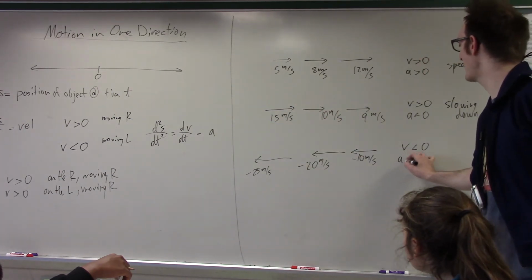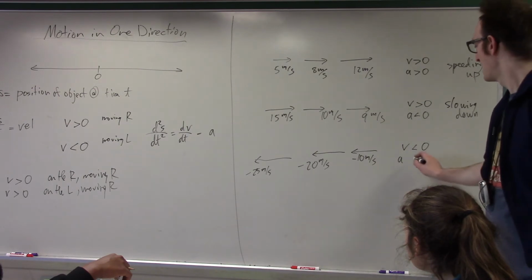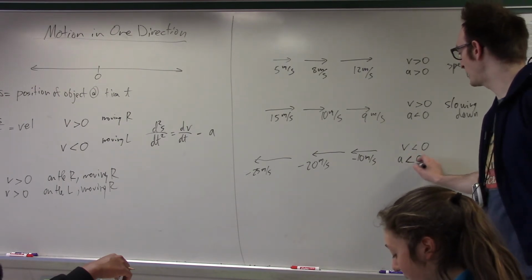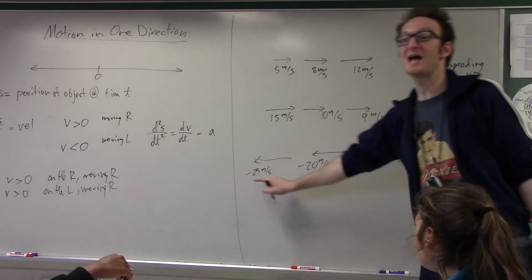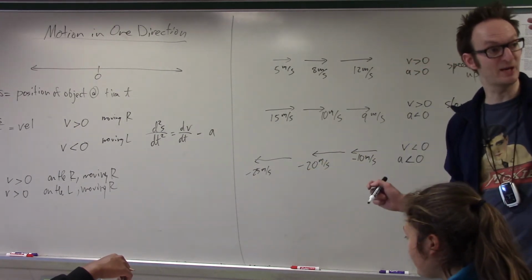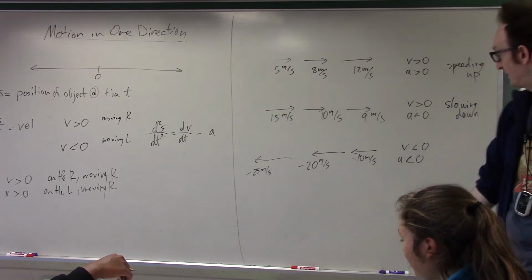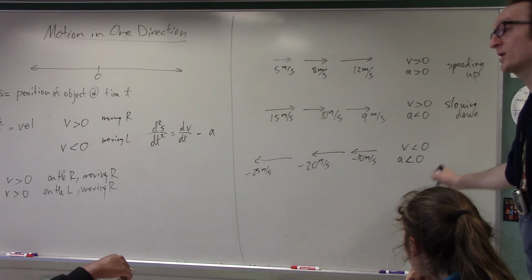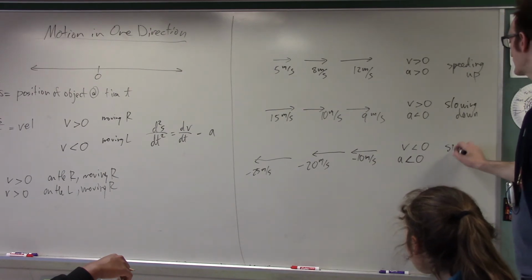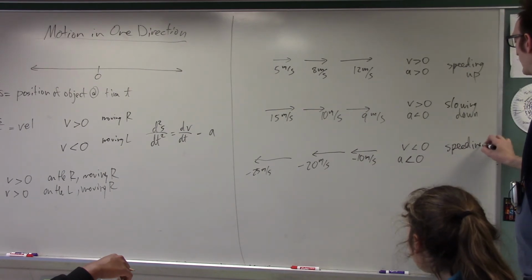But what's happening with my acceleration? Negative. Good, because velocity is a number, and that number is going down, in the sense of becoming more negative, but it's definitely decreasing velocity. So acceleration is negative. Yet, what is happening here? We are speeding up. Good.